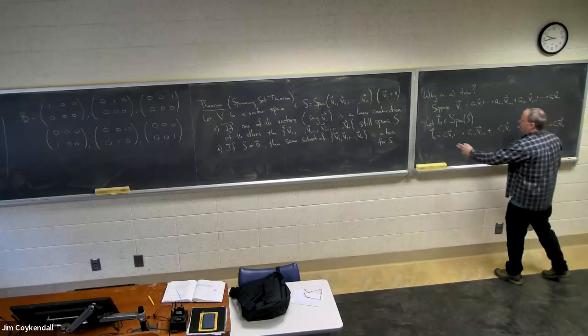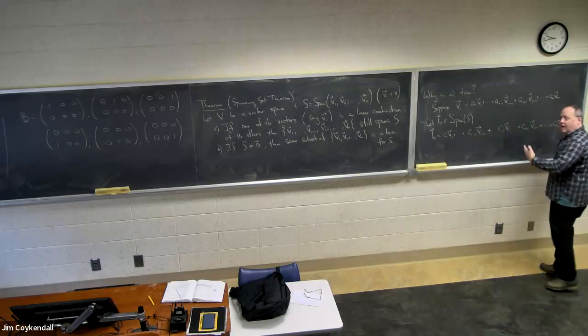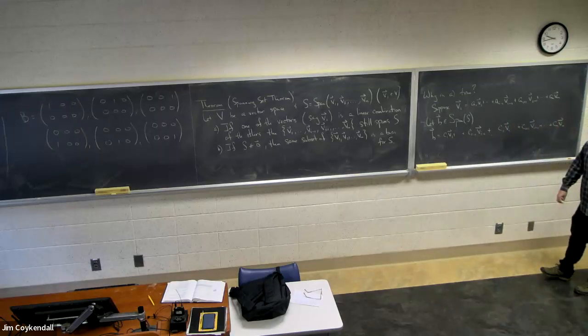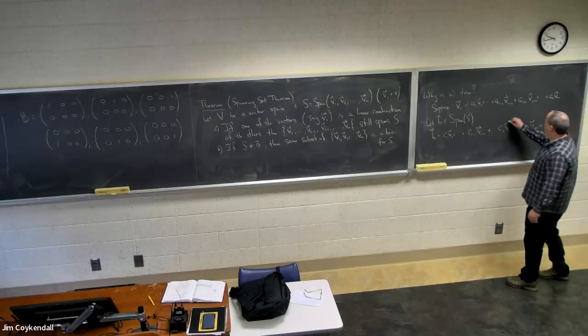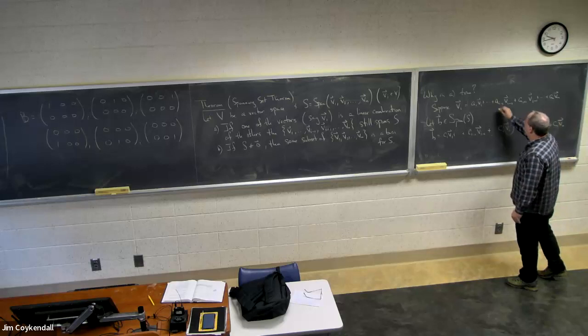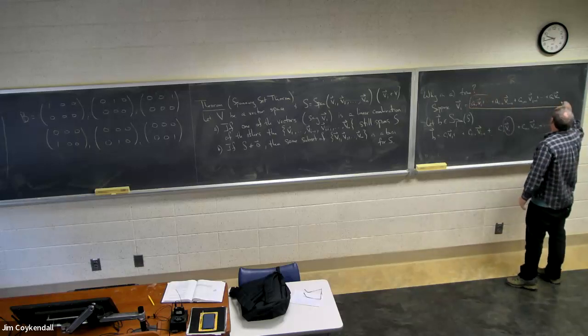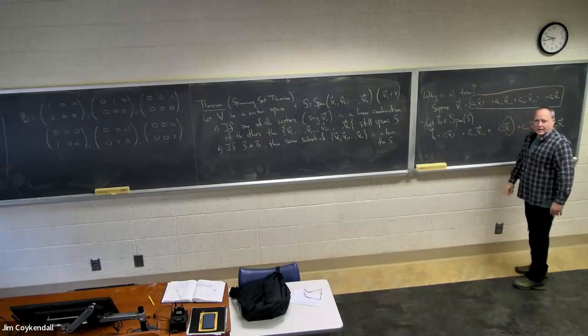So what does it mean to be in the span of S? It means it can be written as a linear combination of all things, right? Well, what do we know about v_i? It's this. Everybody agree with me?